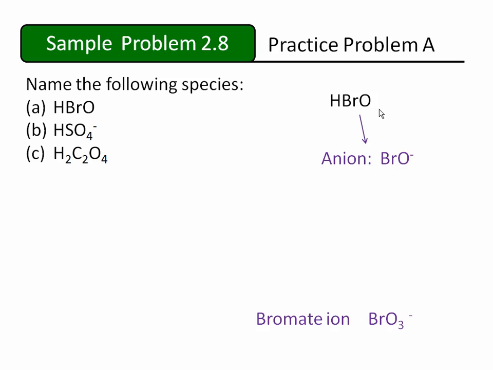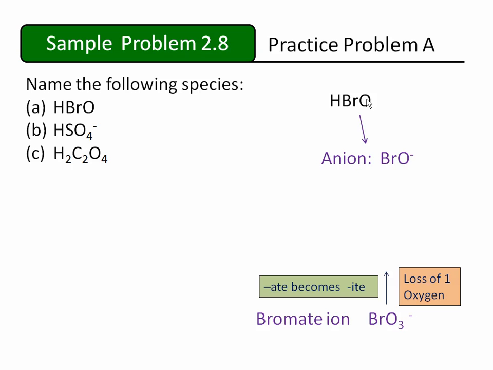We could look at forming our anion in a very stepwise process, which is summarized on page 62. If a polyatomic ion ending in ATE loses one oxygen atom, the name of the ion is changed to an ITE suffix while the charge remains the same. In this case, bromate could turn into bromite.